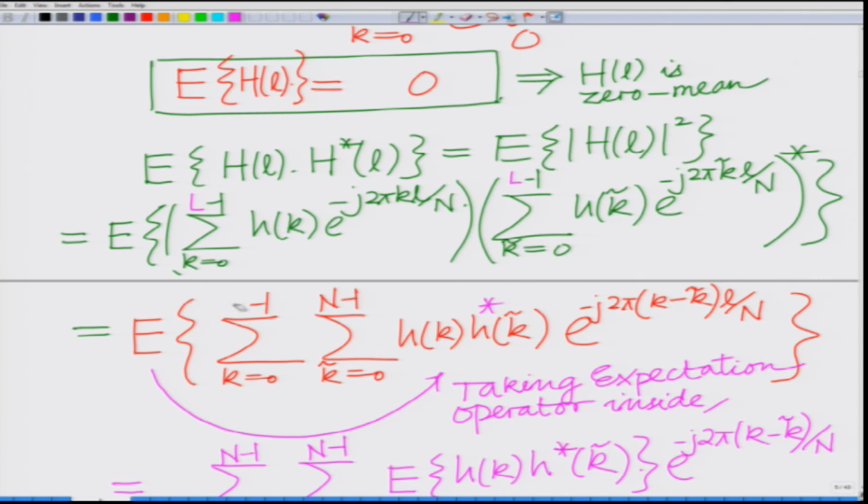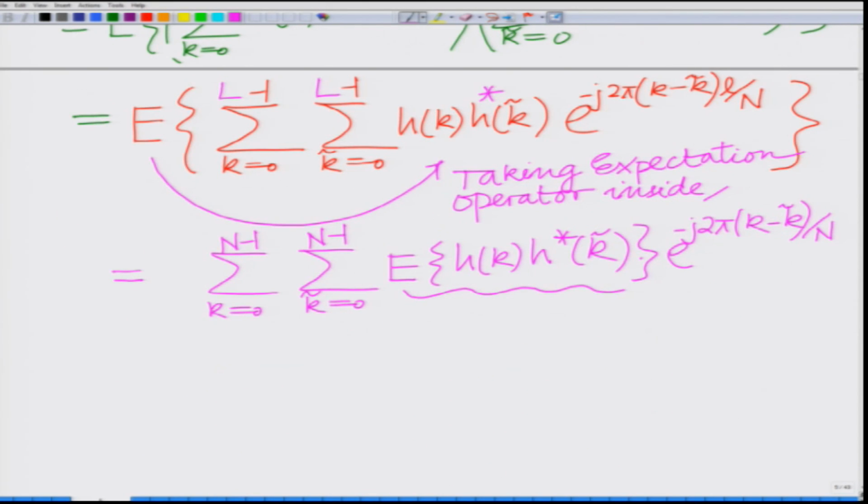And you realize that this is equal to 0 if k is not equal to k tilde, and equal to sigma h square if k is equal to k tilde.